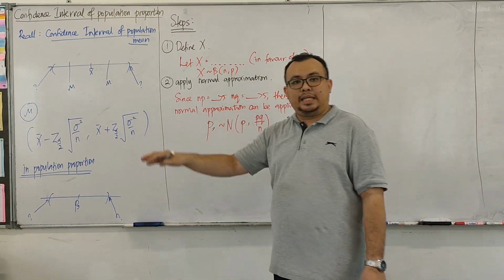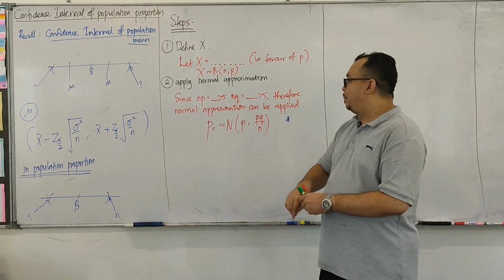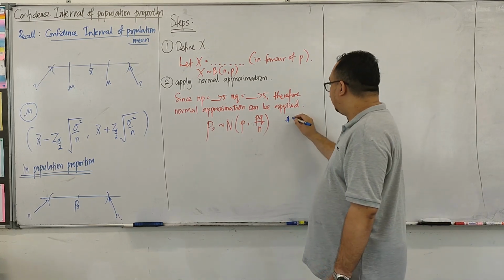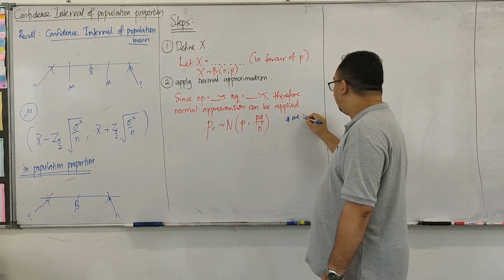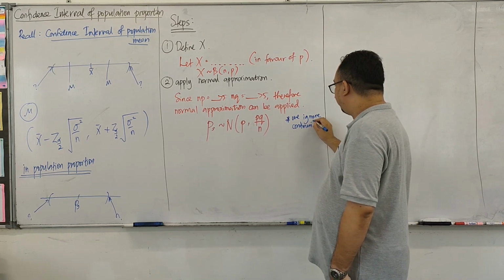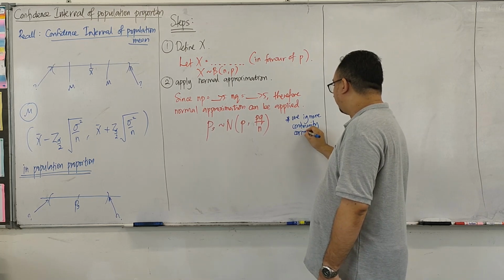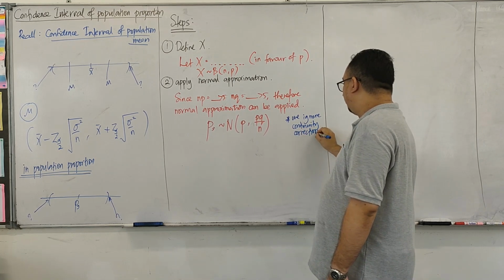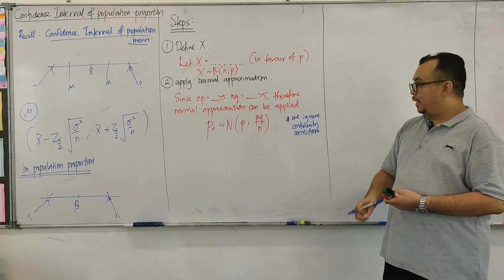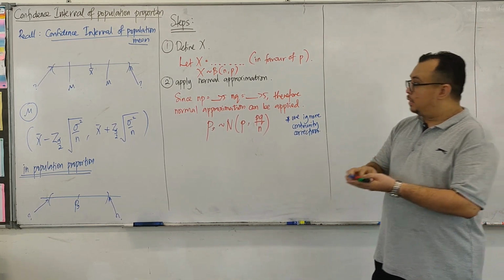Okay, previously dalam probability of proportion we apply continuity correction, but here we ignore continuity correction. Okay, so that you don't have to plus or minus 1 over 2n. So that is your step number 2.